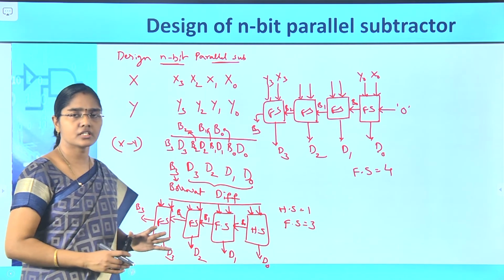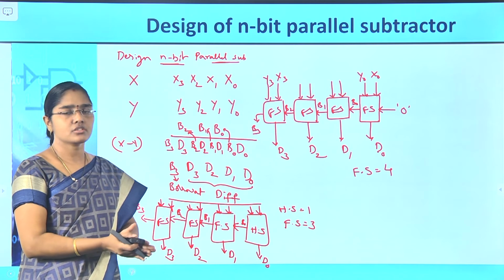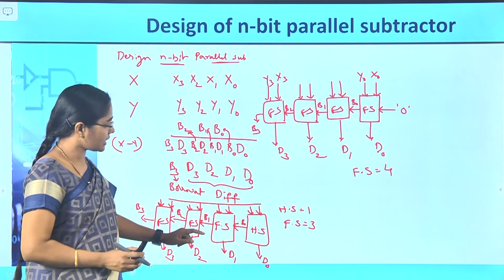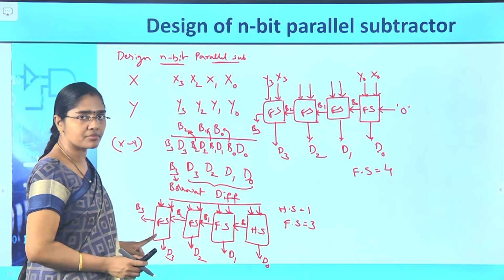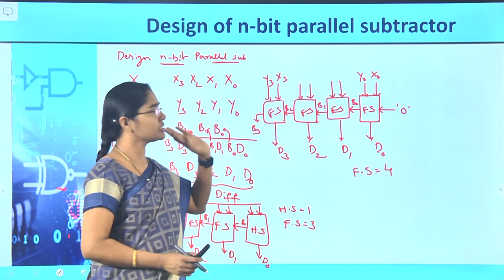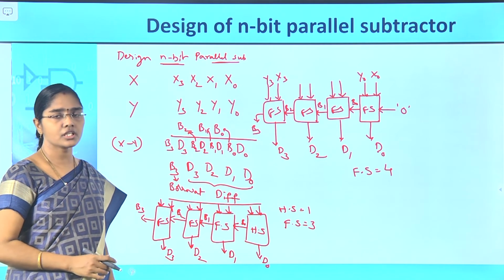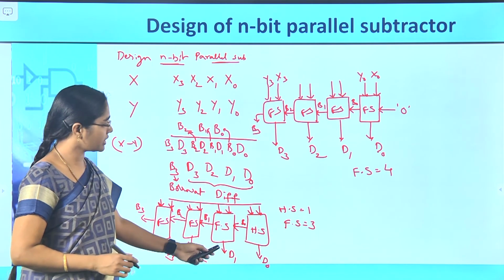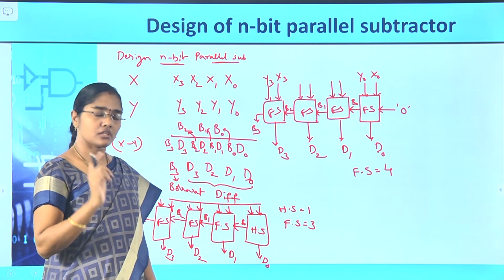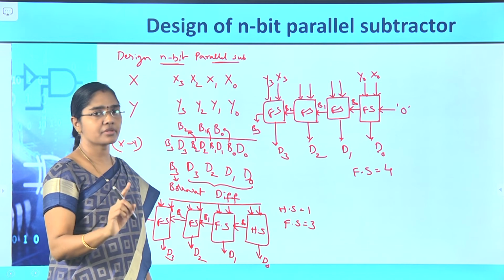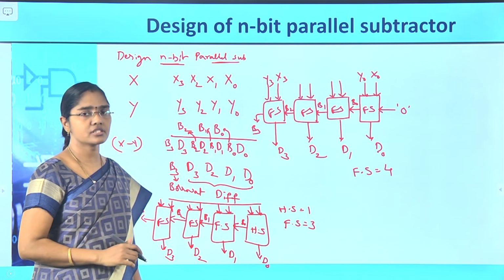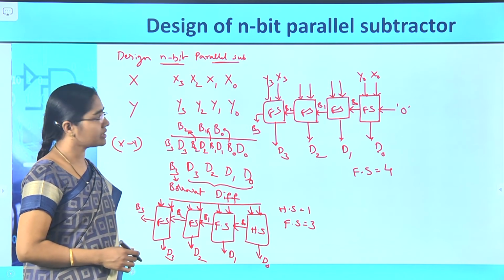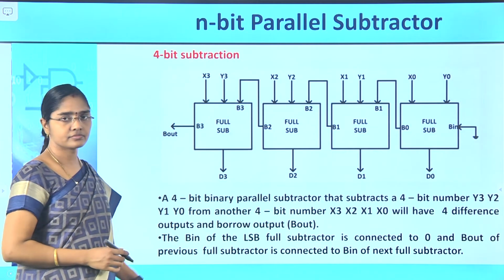We can implement n-bit parallel subtraction with half subtractors and full subtractors like this. It can be implemented in combination with half subtractors and full subtractors, or only with full subtractors. If implementing with full subtractors, 4 full subtractors are required. If implementing with half subtractors and full subtractors, 1 half subtractor and the remaining 3 full subtractors are required. Let's see once again the logic diagram of this n-bit parallel subtractor.